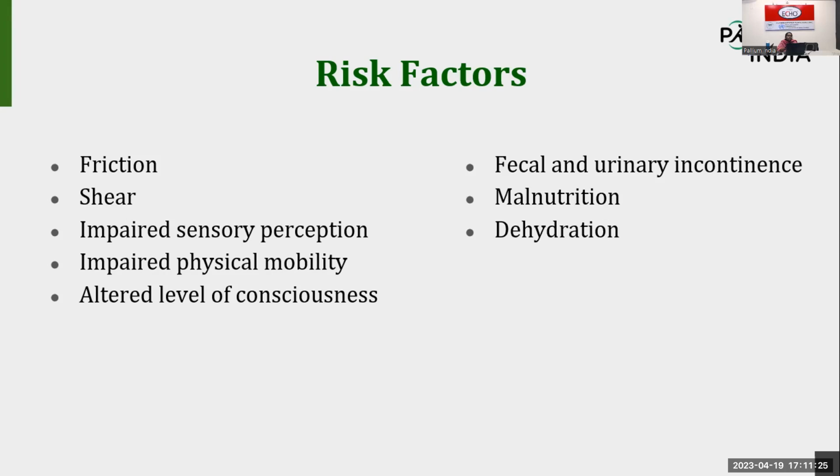Even if you change the position every 2 to 3 hours and give special attention to the skin, if you are not giving proper diet to the patient, especially a lack of protein in the diet, it can cause pressure ulcer. So you have to make sure that the patient is taking adequate food intake, especially protein intake. And excessive body heat and advanced aging. These are the common risk factors of pressure ulcer formation.